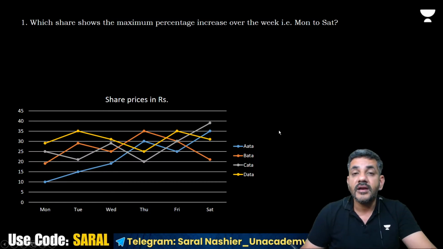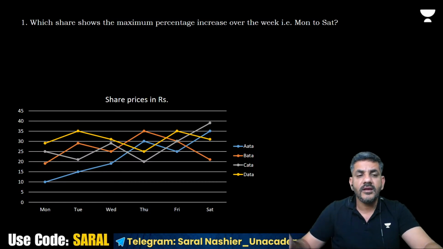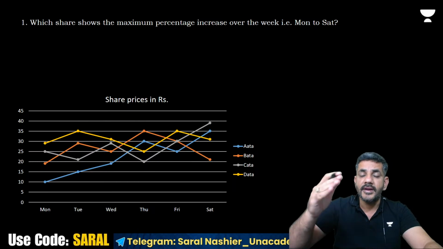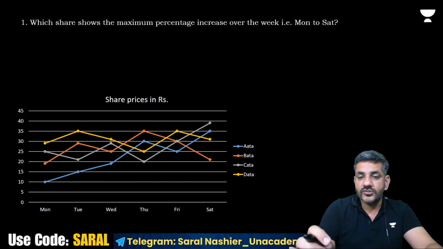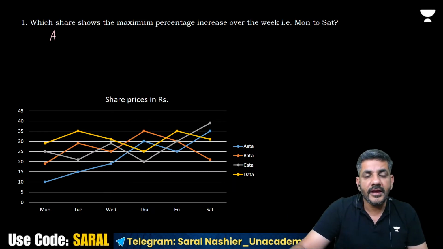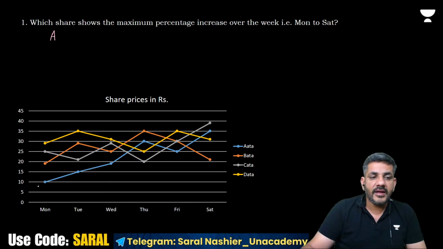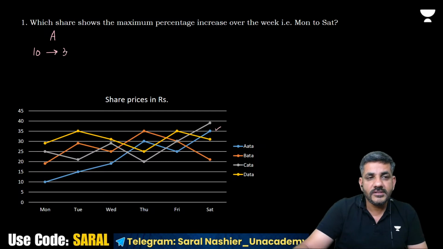It does not make a difference to us what happened on Tuesday, Wednesday, Thursday, whether it went down or it went up. For us, it is important what is the price on Monday and what is the price on Saturday. So if I talk about share A, the price on Monday is equal to 10, which increased to the value of 35 on Saturday.